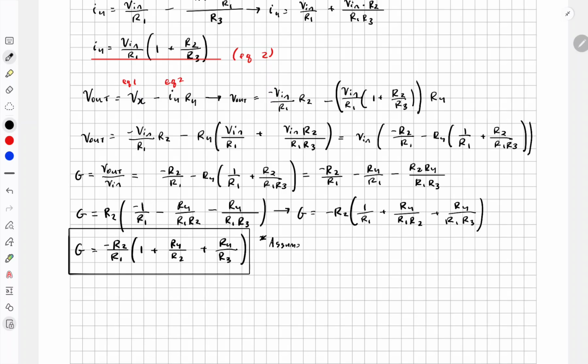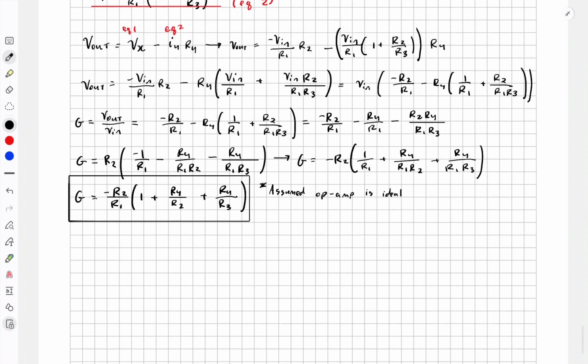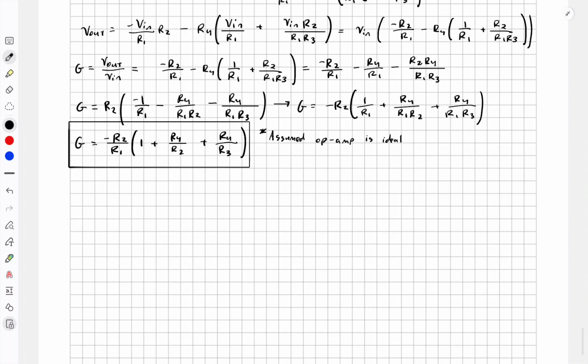So let's clarify: when we assume the op-amp is ideal, then the closed loop gain only depends on the resistor values. So next, let's elaborate on this a little bit more.